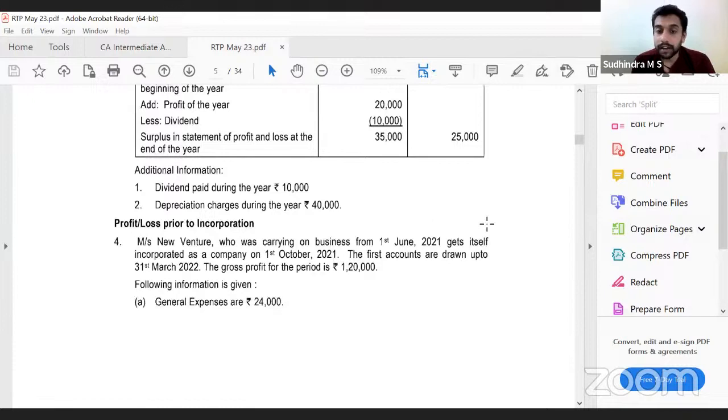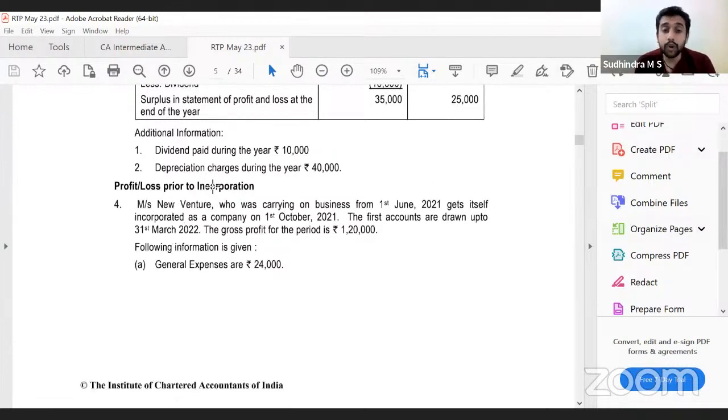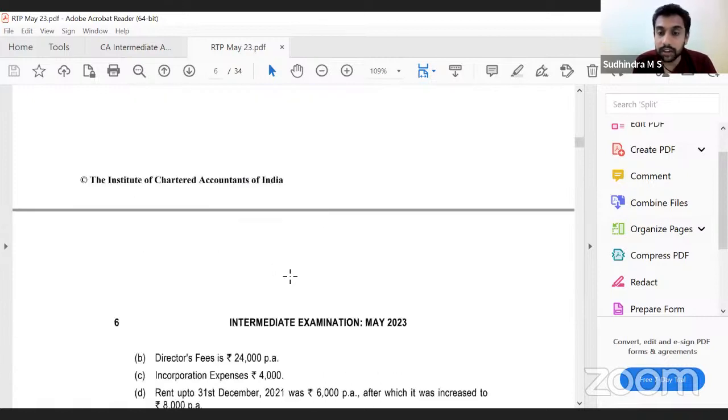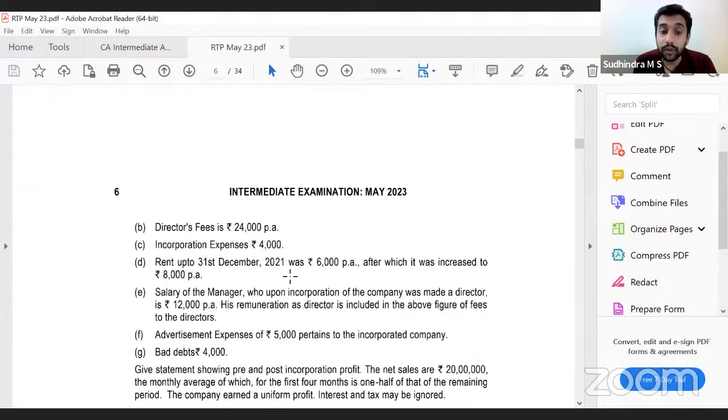Profit or loss prior to incorporation. This is the question from the May 23 RTP. Messrs. New Venture, carrying on business from 1st of June 2021, gets itself incorporated as a company on 1st of October 2021. The first accounts are drawn up to 31st March 2022. Gross profit for the period is rupees 1,20,000. General expenses are 24,000. Director's fees is 24,000 per annum. Incorporation expenses 4,000. Rent up to 31st December 2021 was rupees 6,000 per annum, after which it was increased to rupees 8,000 per annum.